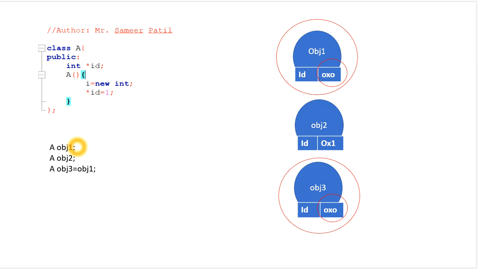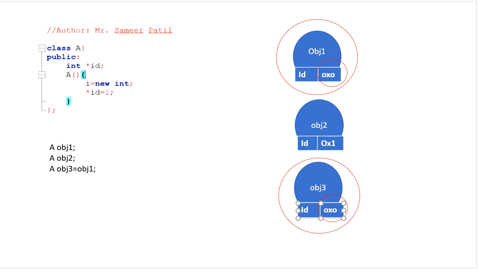So when we create object 1, object 2 and object 3, let's say right now I am copying the values of object 1 into object 3. What happens is that object 1 is an independent copy, object 2 is an independent copy, and object 3 is also an independent copy, but while copying the values of object 1 into object 3, it copied the address of the id variable.